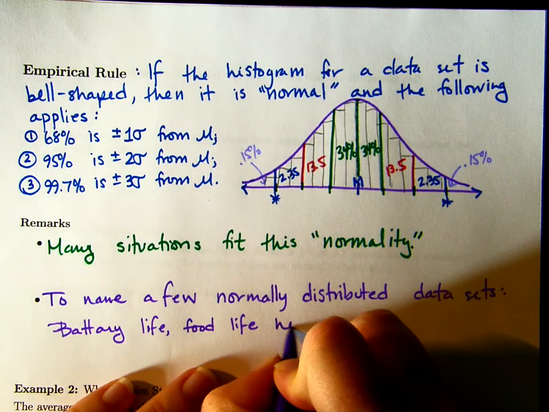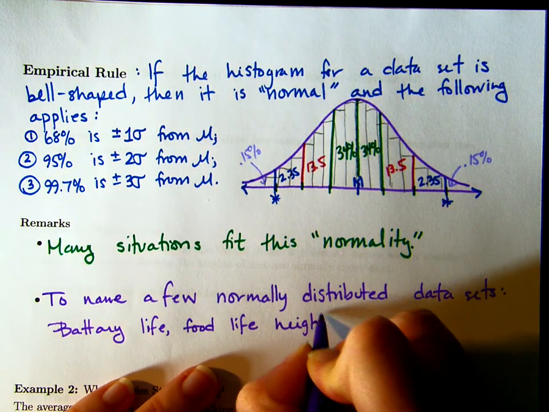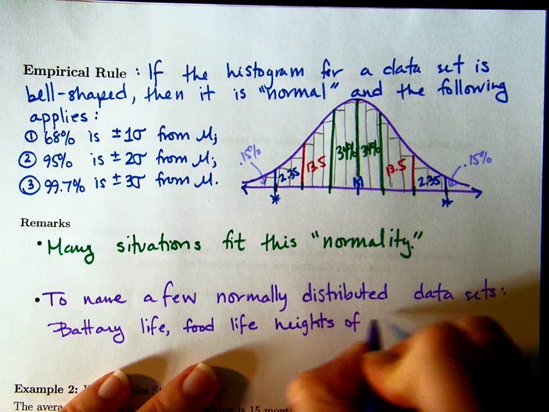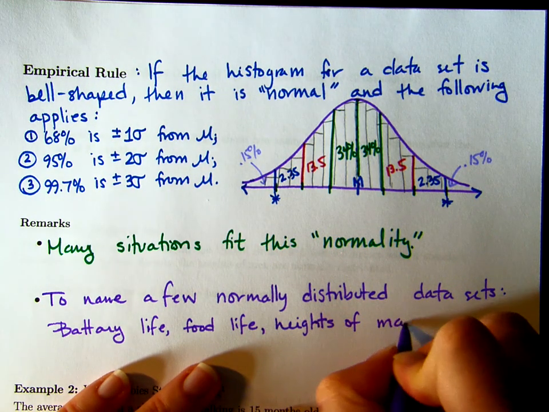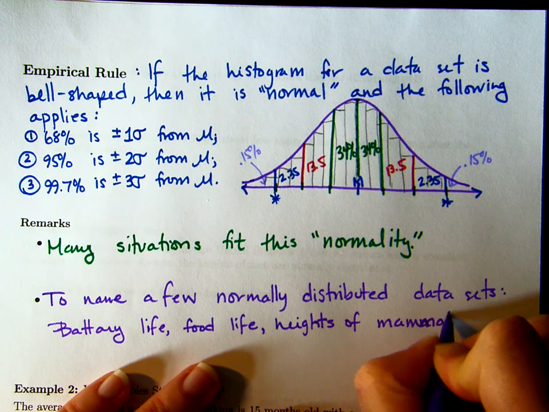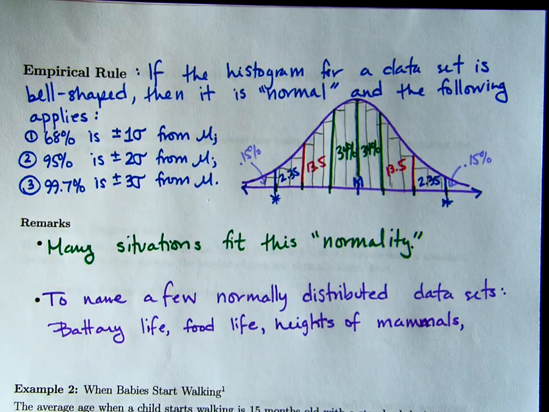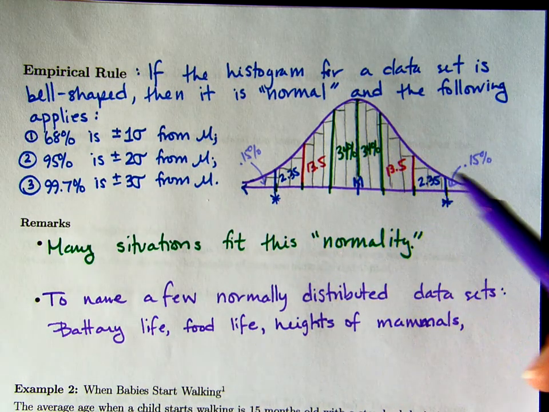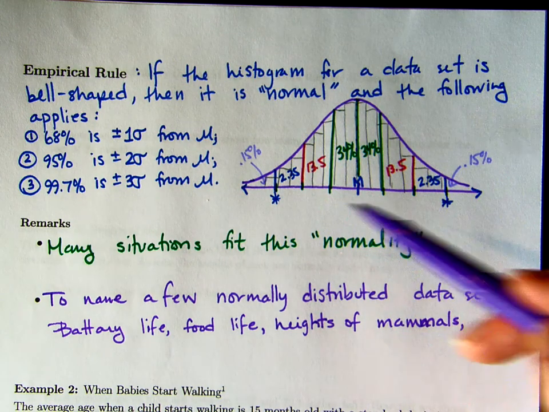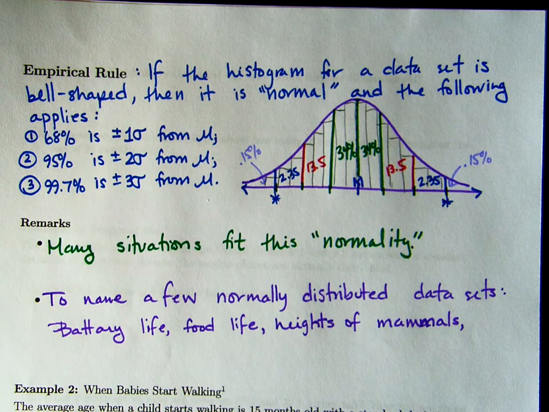The heights of mammals. All right. So for instance, I don't know, the height of a whale. Take all the whales and measure them, then you would find a normal distribution of heights. Take all the giraffes and measure their heights, and you would find you stack up their frequencies, and they would have this histogram that is pretty normal, shaped like a bell when you draw your histogram of your data.